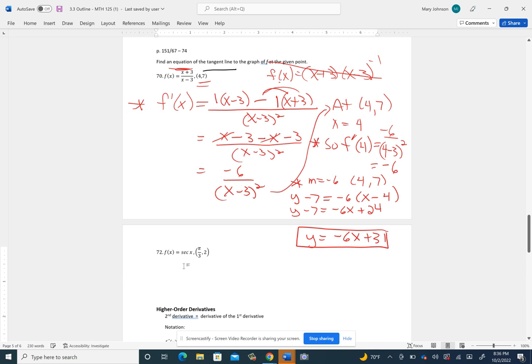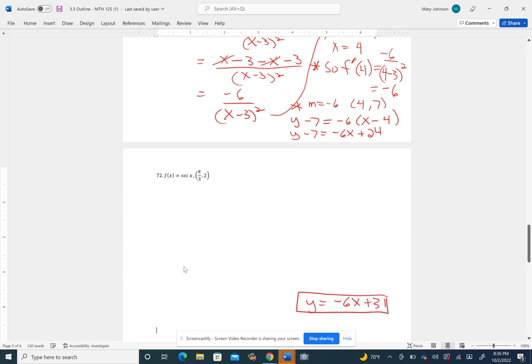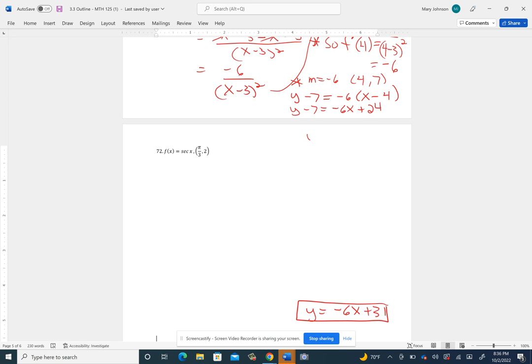Let me give myself a little more paper. Now we're going to do this again, but we have a secant function. Same plan: I'm going to do f prime of x first.